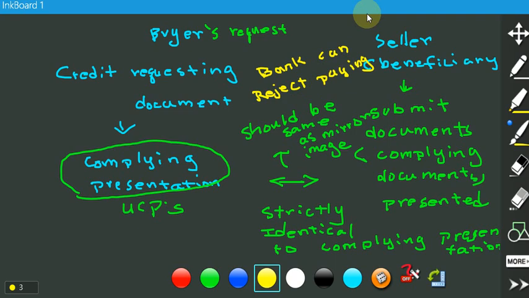This is the principle number three, the mirror image and strict compliance principle.